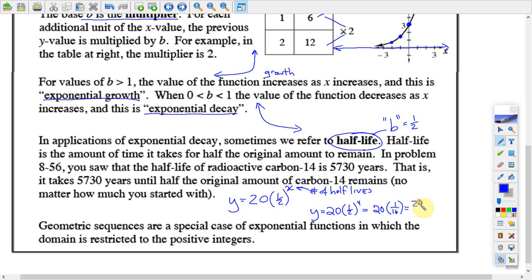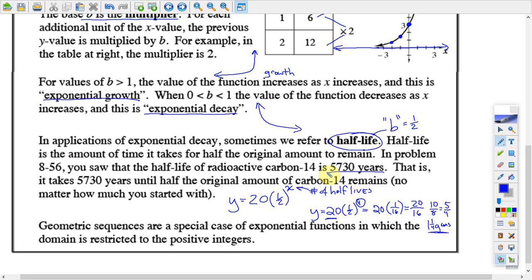So we would have 20 over 16 grams, which would be 10/8, which would be 5/4, which would be 1 1/4 grams of C14. If we wanted to know how much time had passed to go from our initial value of 20 grams to 1 1/4 grams, we would take the 4 half-lives and multiply it by 5,730 years, since each of those half-lives is 5,730 years.